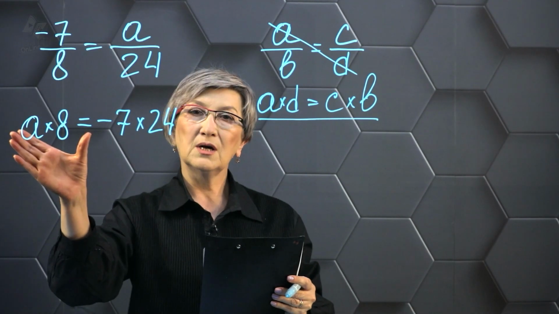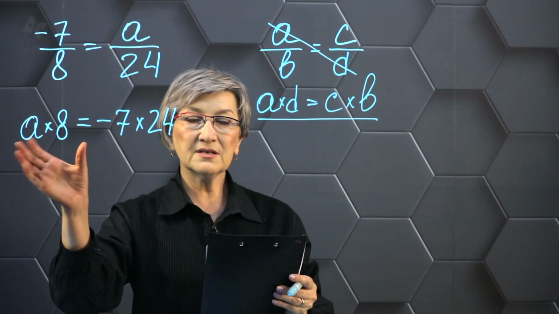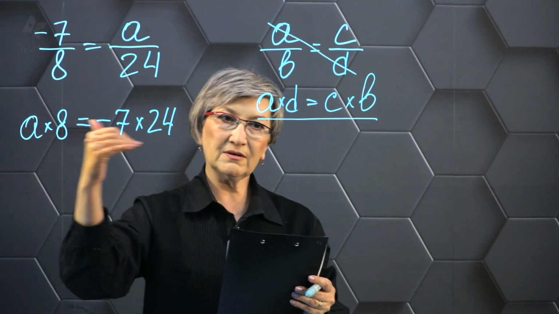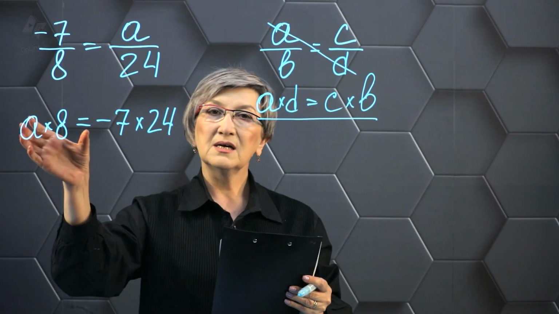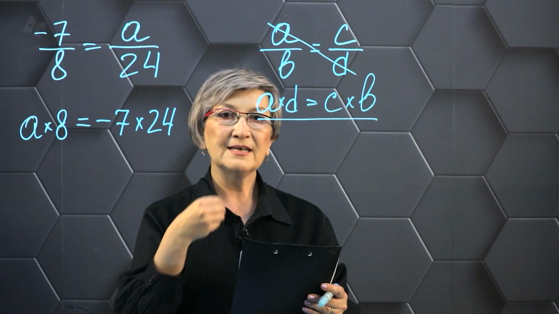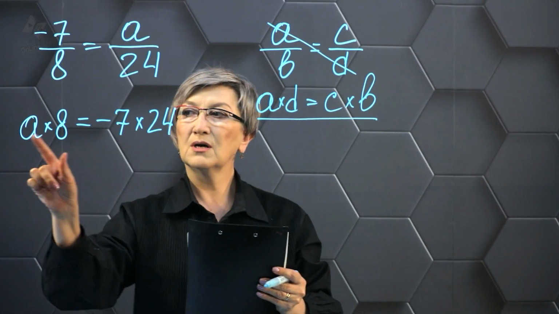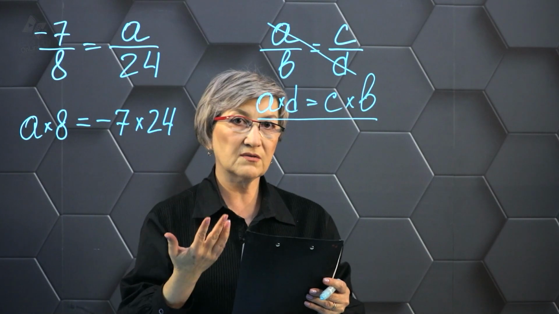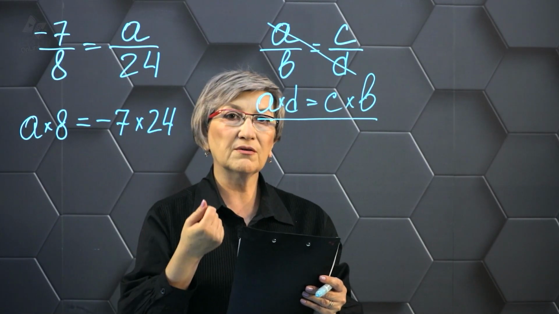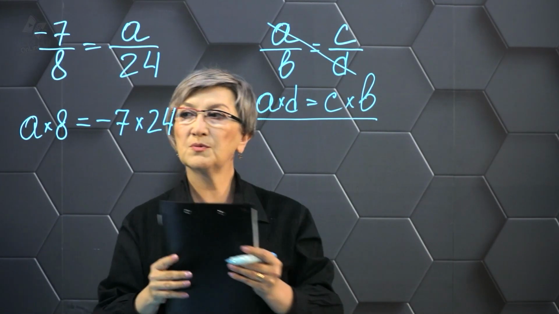The point is that I can read from left to right or right to left. I find it more convenient to write the unknown variable on the left side. So, a times 8 equals minus 7 times 24. I got the equation. This is an equation we can solve easily.